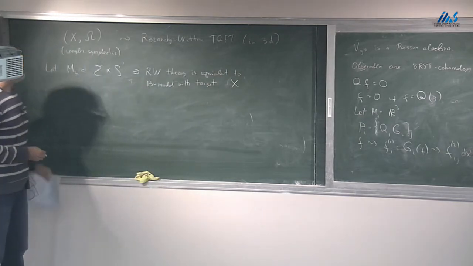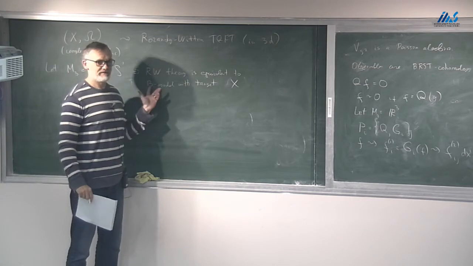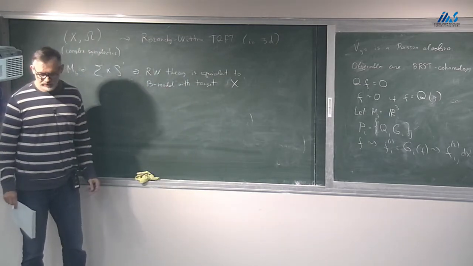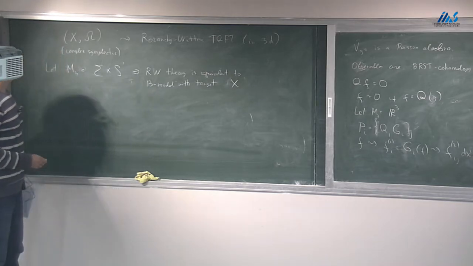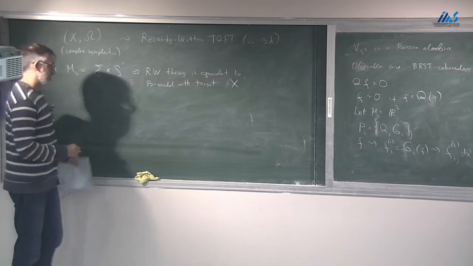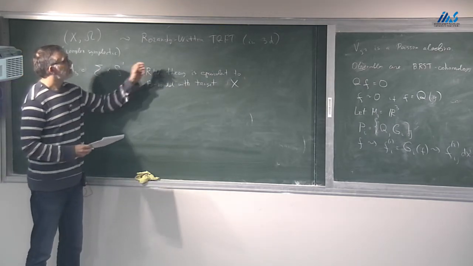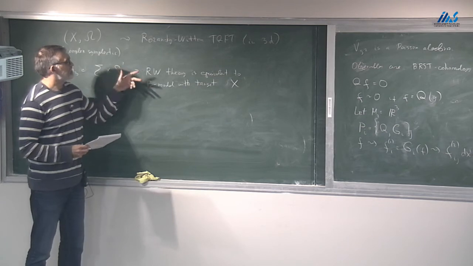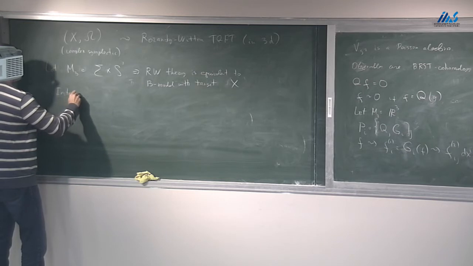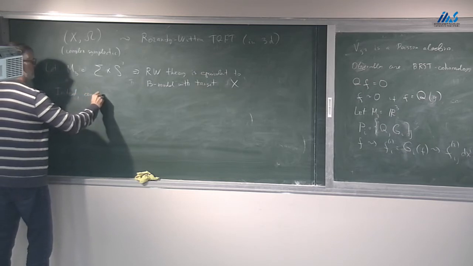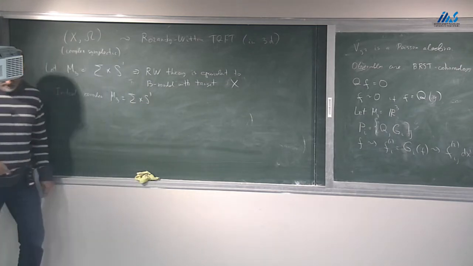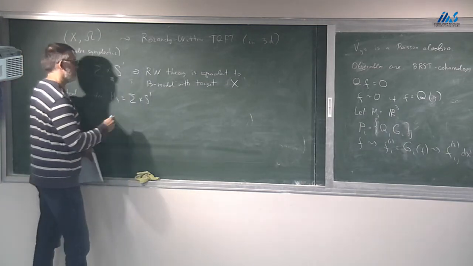Now, we would like to get a non-commutative deformation of this. How do we do that? Well, for that we need to modify this procedure. Instead, consider the same model, but let's consider a different BRST operator.